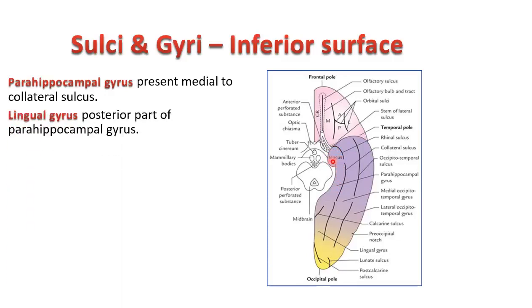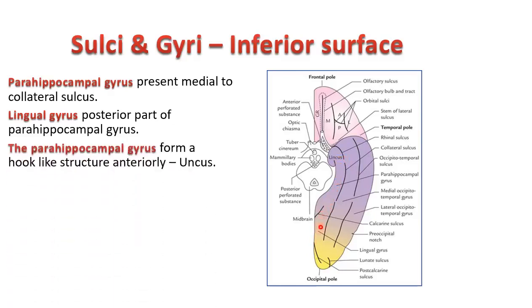What separates the parahippocampal gyrus from the uncus is the rhinal sulcus. The parahippocampal gyrus continues posteriorly as the lingual gyrus, and anteriorly forms a hook-shaped structure called the uncus. Uncus means hook, and it is interrupted by the rhinal sulcus.